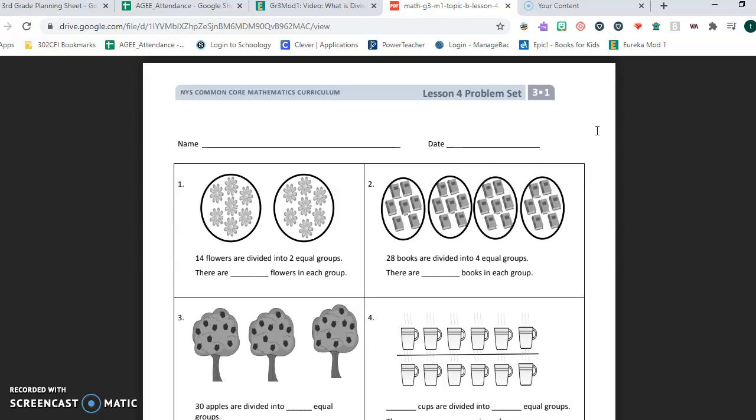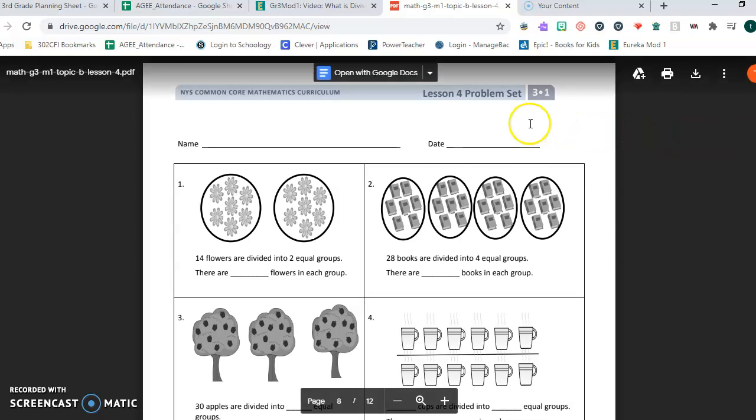In division, you have a total number of items and you divide by either the number of groups or the size of each group to get the other factor. So division is basically just starting with the whole and finding one of the missing factors.